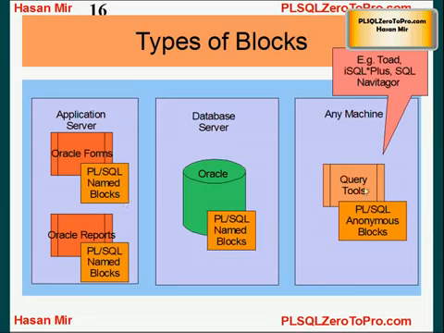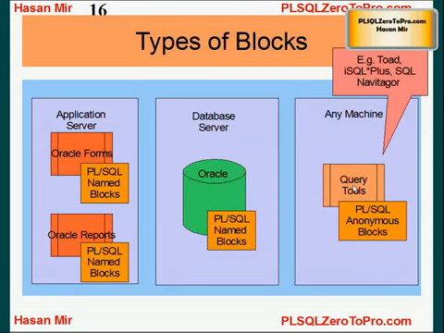Similar to the named block, there's something called an anonymous block. What is an anonymous block? Like there's a query tool. You can install query tools, as we talked about earlier, on any machine, and the query tool sends instructions to the database, and the database sends the result back to the query tool. I talked about query tools in my PL SQL 02 Pro introduction.